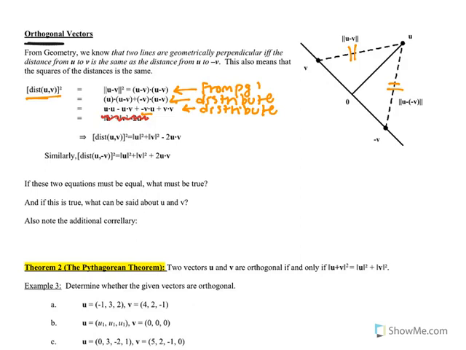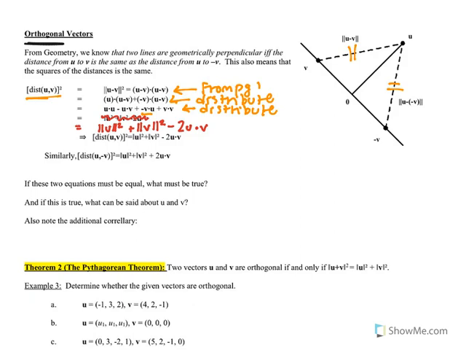Let's change this up. This line is supposed to say magnitude u squared plus magnitude v squared minus 2u dotted with v, just combining like terms, and representing u dotted with u as magnitude u squared and v dotted with v as magnitude v squared.